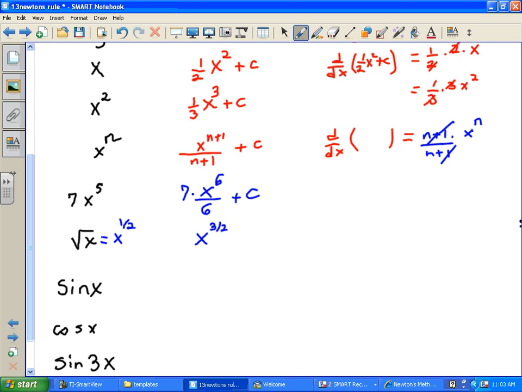Technically, you're supposed to divide by 3/2, right? You add 1 to the power and divide by that new power. But in this case, you can simplify it. How else could you write this for me? If you divide by a fraction on the bottom, you can rewrite it as 2/3 on the top, x to the 3/2 plus c.